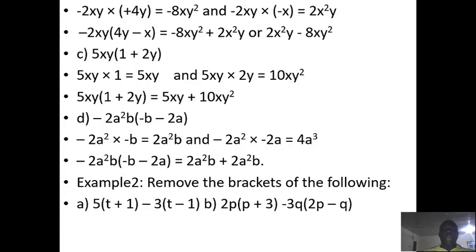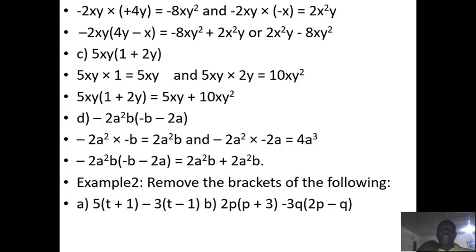Xy times y, because we have y and y, we know that the result of the index will increase based on the index of the individual alphabet. So since the index of y here is 1 and the index of y in the other part is 1, when you multiply them, it gives you 1 plus 1, which is 2. So that is why we now have minus 8xy squared. So now we also have minus 2xy times minus x.